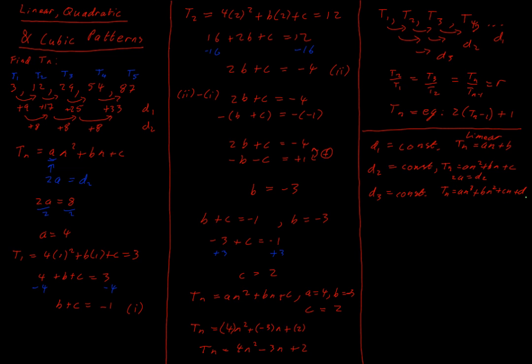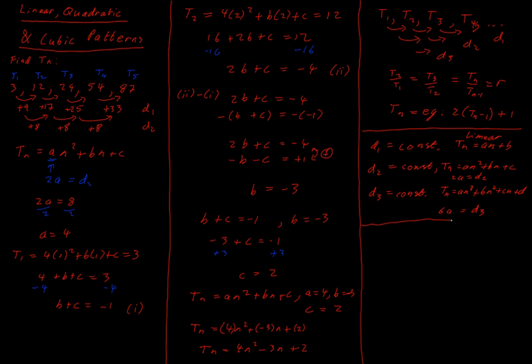And a connected rule is that 6a for a cubic pattern, 6 times the coefficient of the cubed term, is going to be equal to the third difference. And those are our different styles that we can end up with.